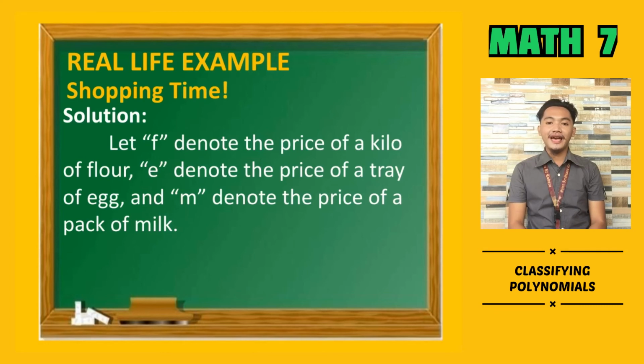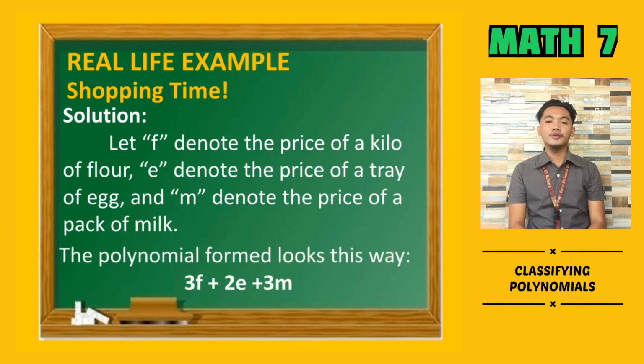If F denotes the price of a kilo of flour, E denotes the price of a tray of egg, and M denotes the price of a pack of milk, what will be the polynomial form? Exactly! The polynomial form looks this way: 3F plus 2E plus 3M.